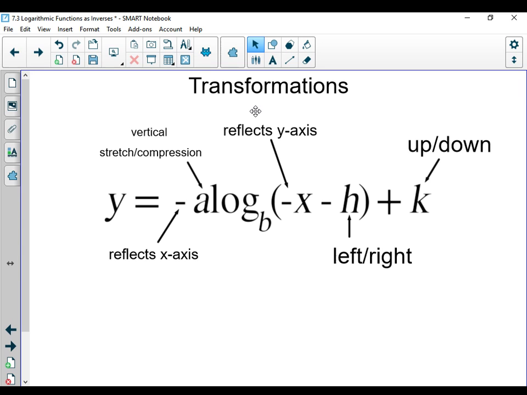H is still our left and right, and K is still our up and down. Nothing has changed except for the function. That's why day one, when I taught y'all transformations, I kept it the same. So that way, literally every time y'all have learned a new function, it is the same exact thing.